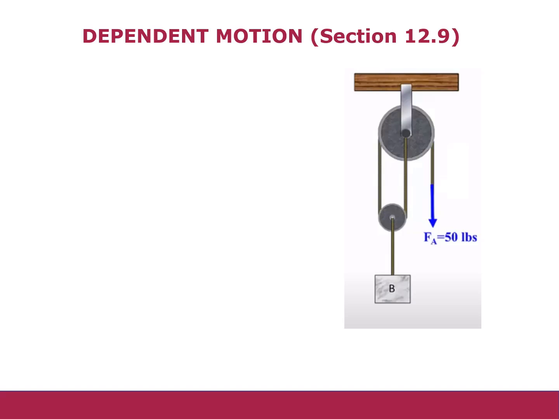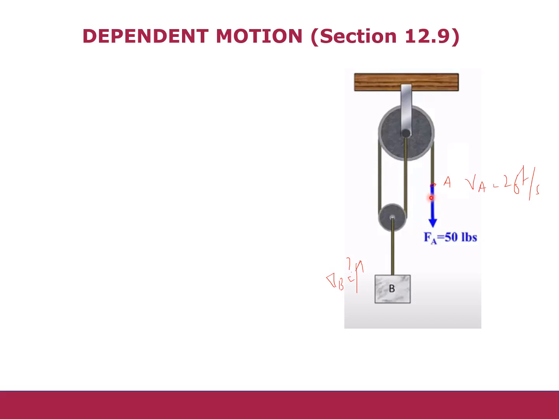Okay, my question was that, for suppose this is point A, right, and it is moving with velocity VA of 2 feet per second. So with what velocity will this mass B move in the upward direction, right?